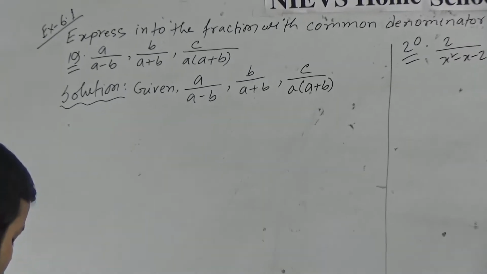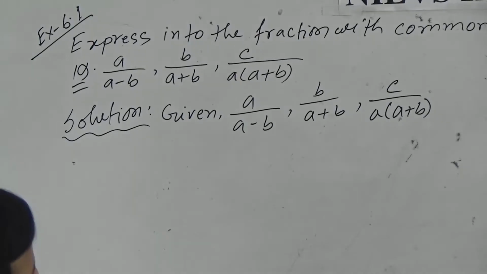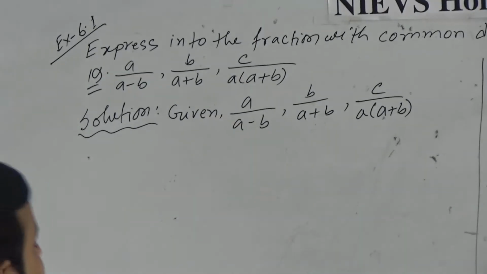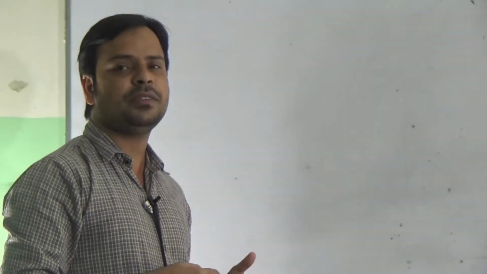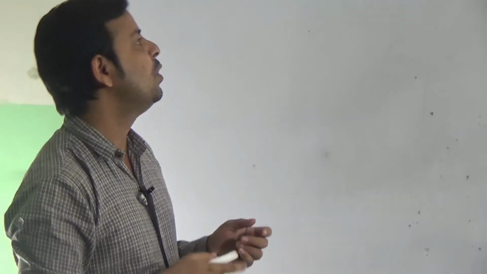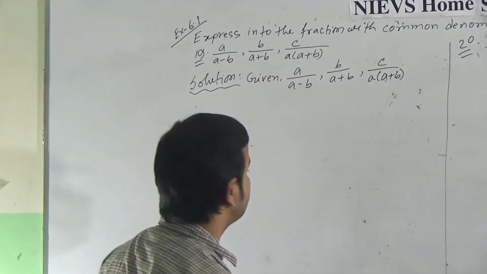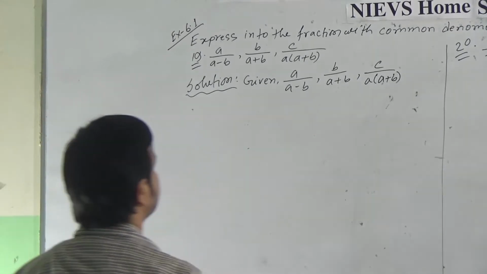We have to express these fractions into fractions with common denominator. The rule for expressing some fractions into fractions with common denominator is, at first we have to find the LCM of the denominators of the given fractions. To find the LCM, at first we have to factorize the denominators.